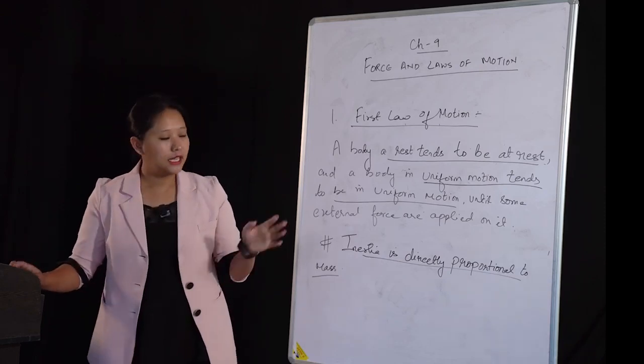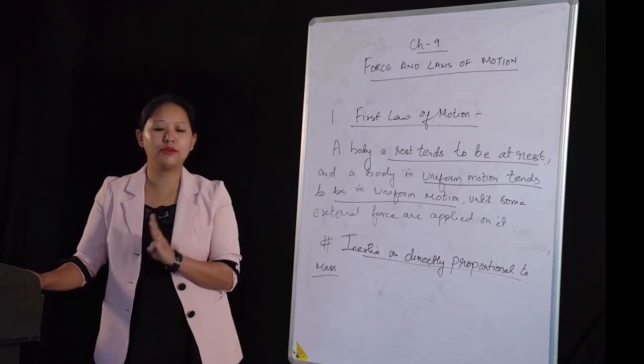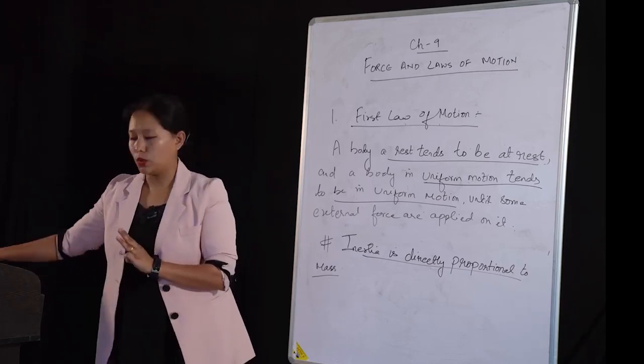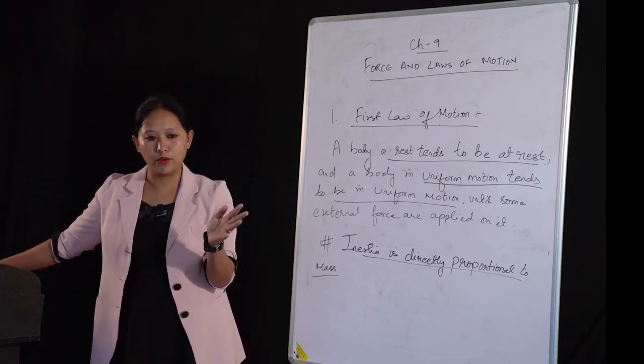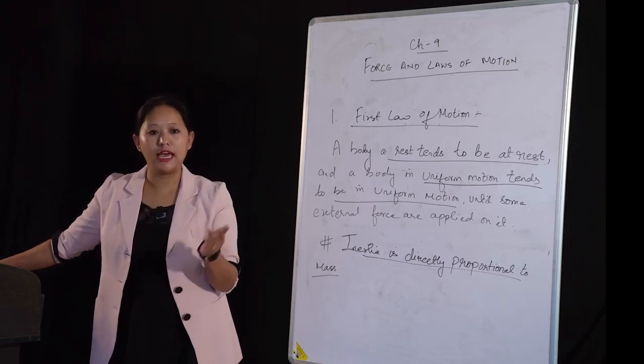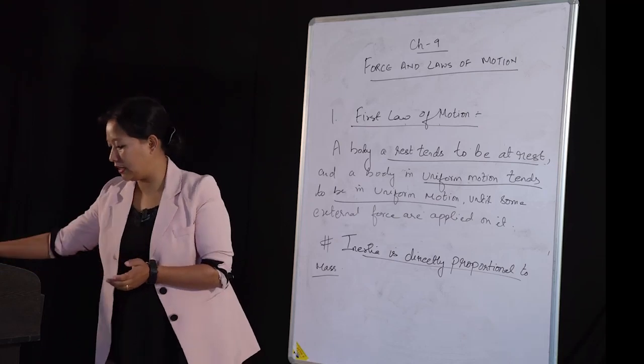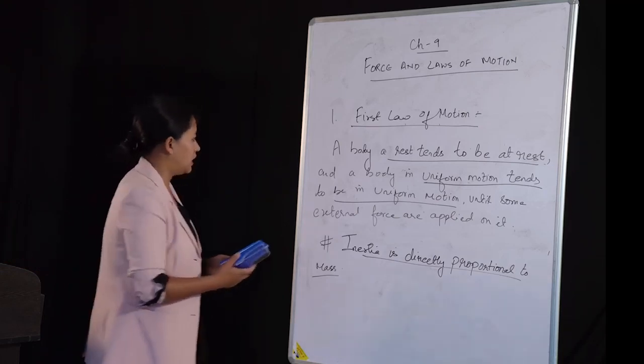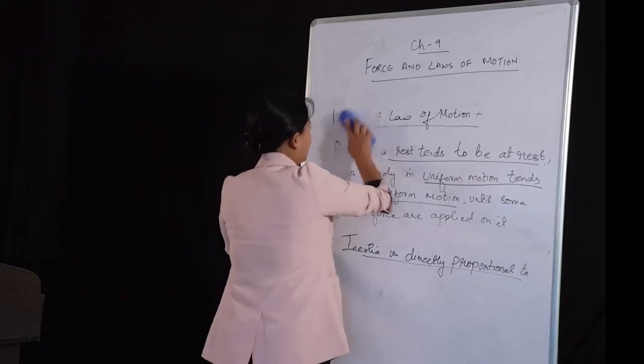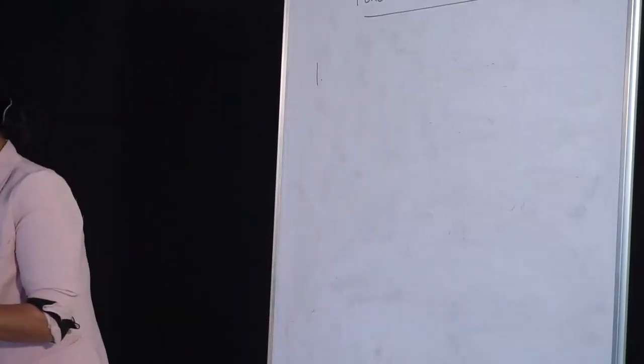Basically, there are three categories of inertia: inertia of rest, inertia of motion, and inertia of direction. Let us see them one by one. The first one is inertia of rest.